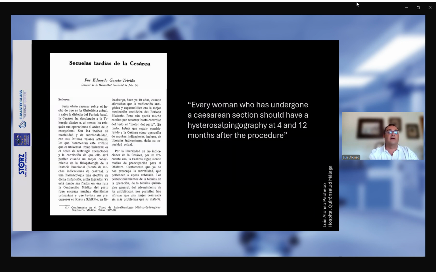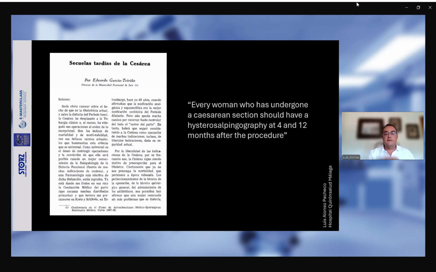This defect and its relation with some clinical symptoms, such as menorrhagia, abdominal pain, dyspareunia, and dysmenorrhea, was first described by Morris in 1995, using the term cesarean scar syndrome. But the very first paper I have found about the cesarean scar defect and the problems related with this condition is from 1967.